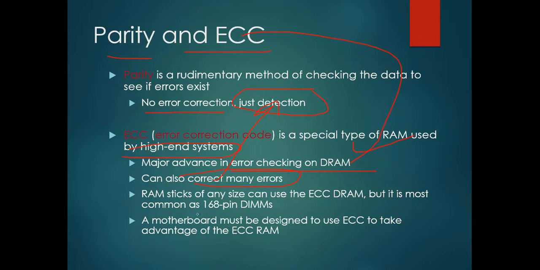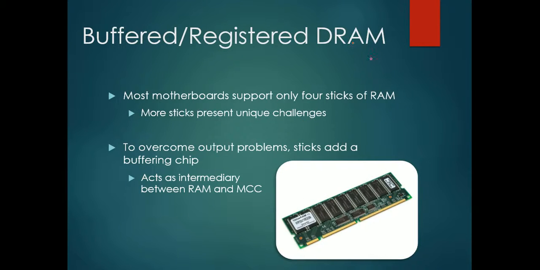RAM sticks of any size can be used as ECC RAM, but it is most common as 168 pin DIMMs. The motherboard should be designed to use ECC to take advantage of this ECC enabled RAM.